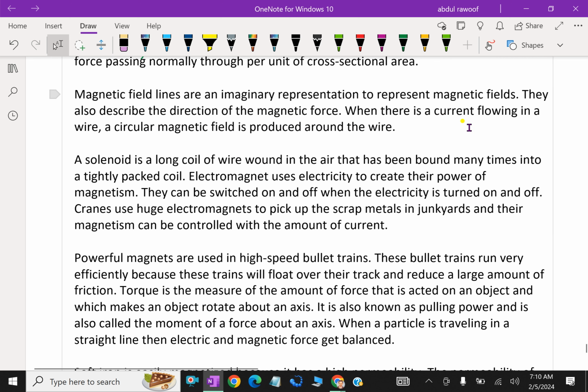When current flows in a wire, a circular magnetic field is produced around the wire. A solenoid is a long coil of wire wound many times into a tightly packed coil. Electromagnets use electricity to create magnetism. They can be switched on and off when the electricity is turned on and off.